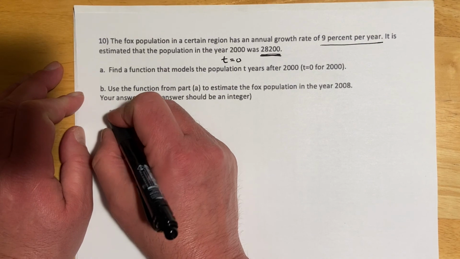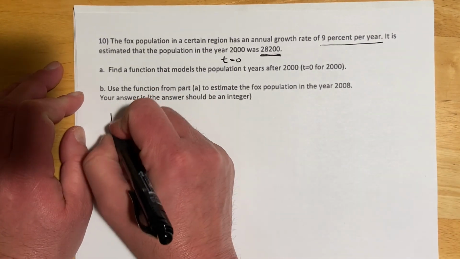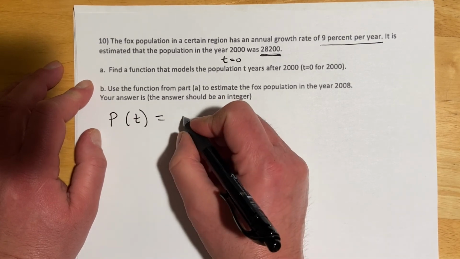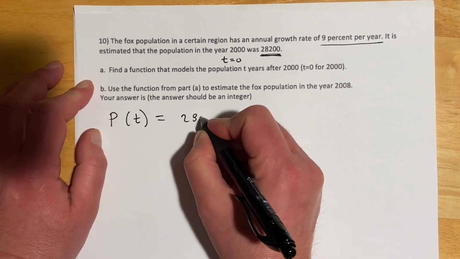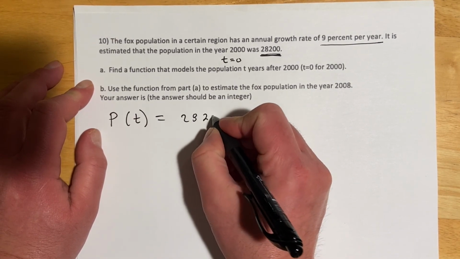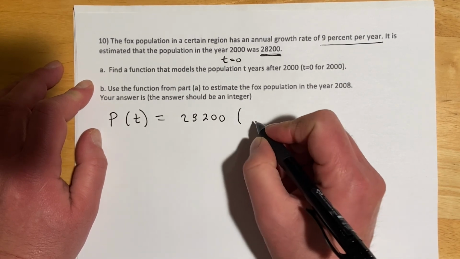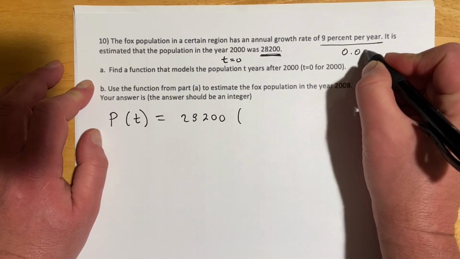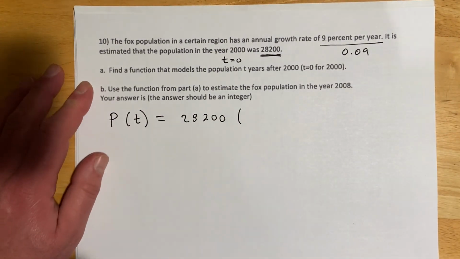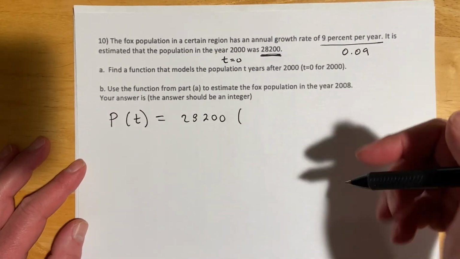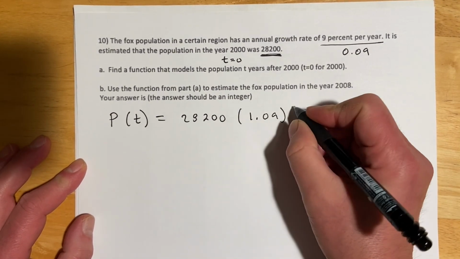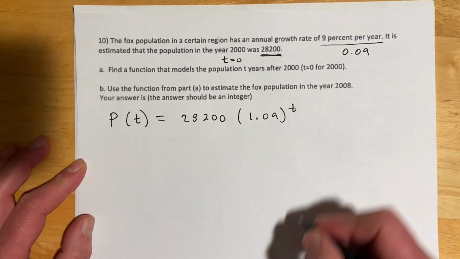So that means we are doing P of t equals 28,200 times, and this one is going to be our 9% per year, that's 0.09. So this will be that plus 1, and this is growth, so it's positive, so I'll make it 1.09, and then to the t.